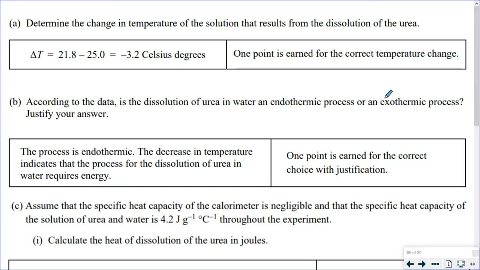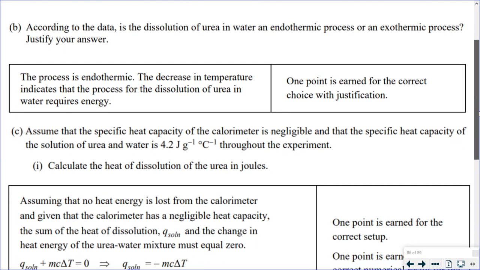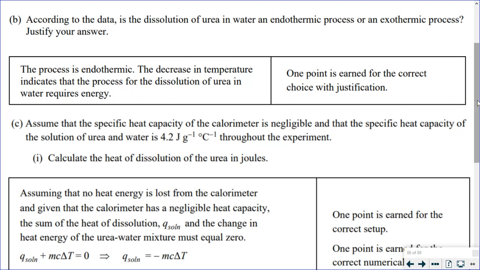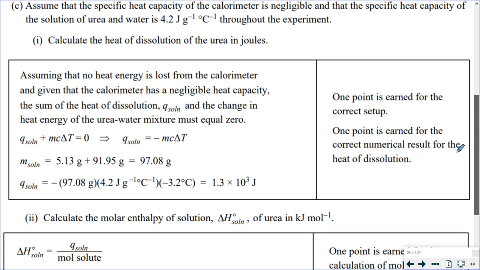So here's how your points get distributed. Negative 3.2, you get the correct temperature change there. Endothermic with the justification that the temperature cooled off for 1 point. Part C, if you do solve that for your Q for your solution, your combined masses are 97.08. Plug that into your Q equals MC delta T, and you get 1.3 times 10 to the third joules. And you get 1 point for the correct numerical result for that, and 1 point for your setup.